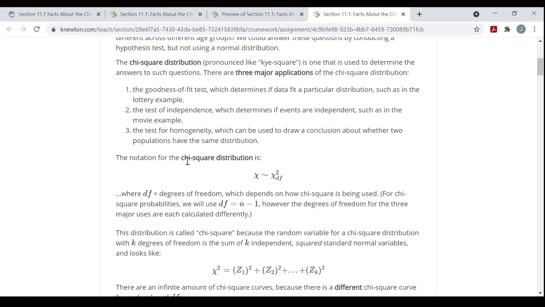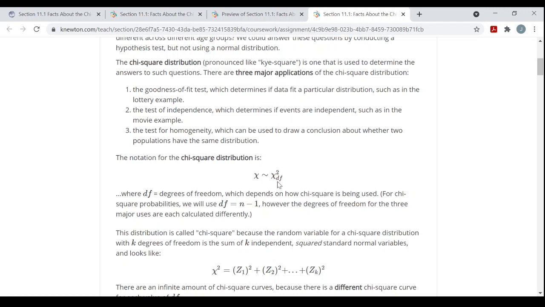So the notation for the chi-square distribution is the following. A variable x has a chi-square distribution. This symbol that looks like an x with a square on it is the Greek letter chi, and it's chi-square with so many degrees of freedom, right?